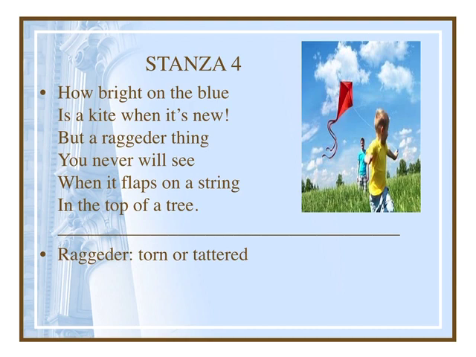So we all like to see kites when they are bright and beautiful on a clear sky, but when they are raggeder, when they are torn and stuck on a tree top, then the kite gives very poor worn out look that we do not like. So here we end our poem The Kite, written by Harry Ben.